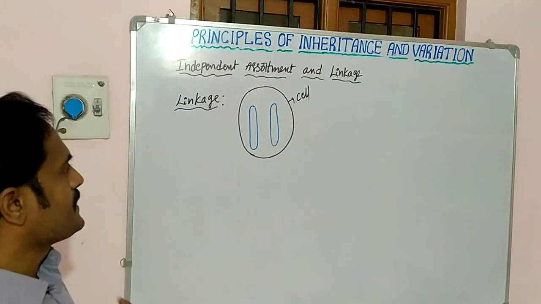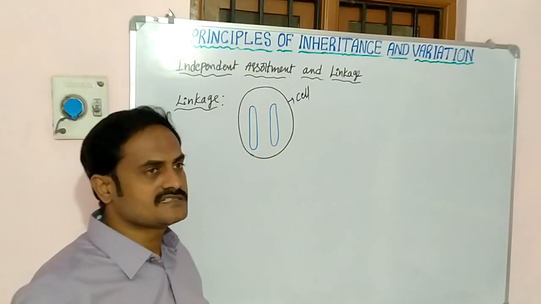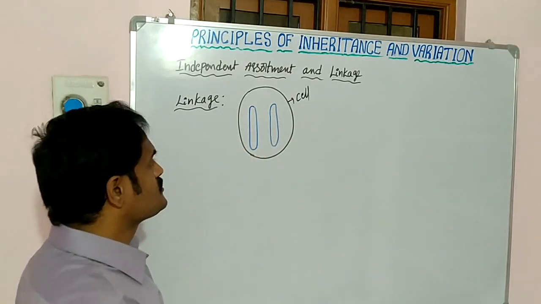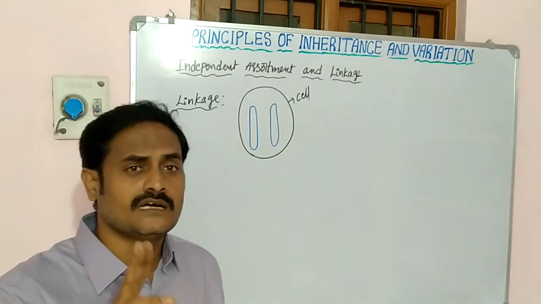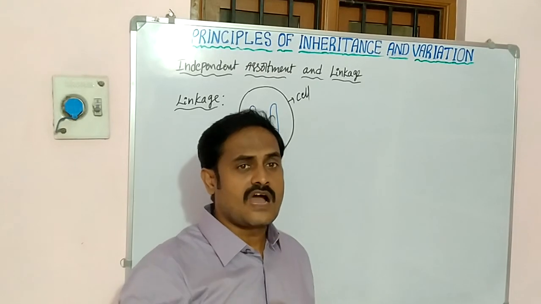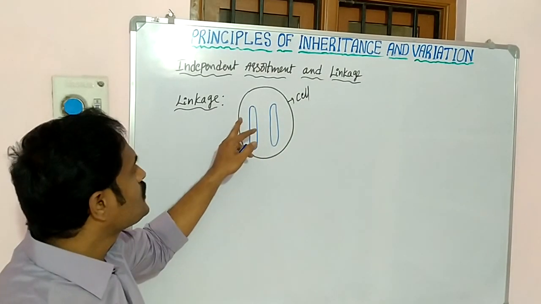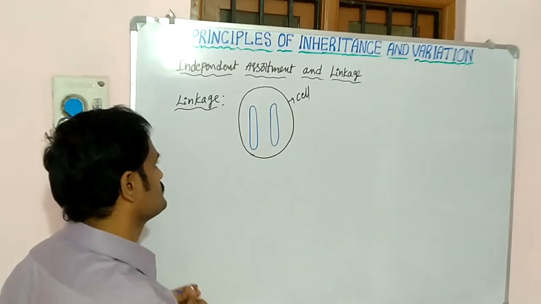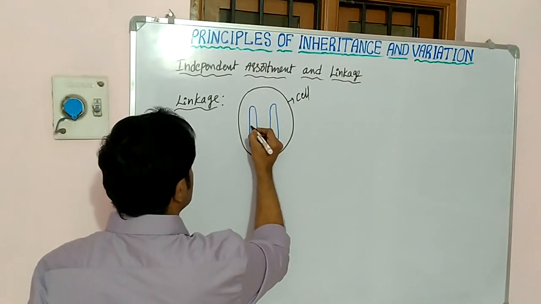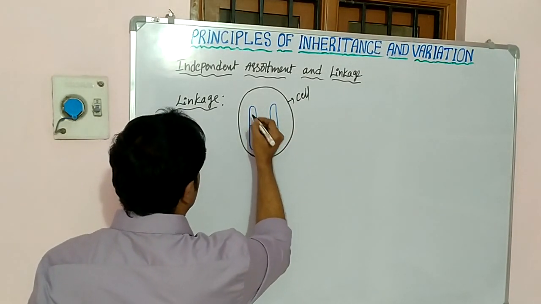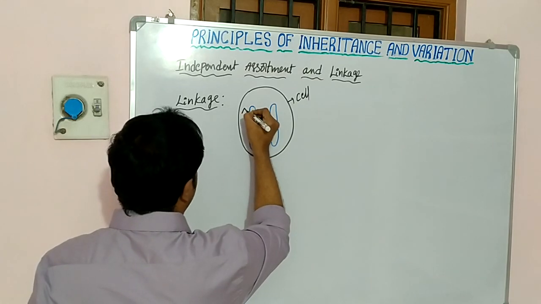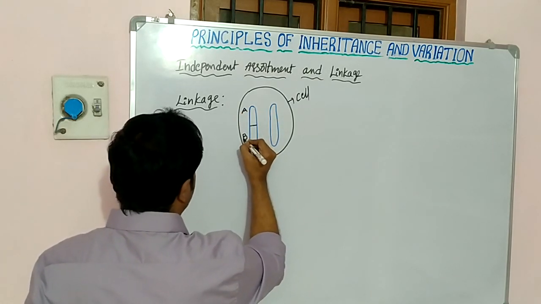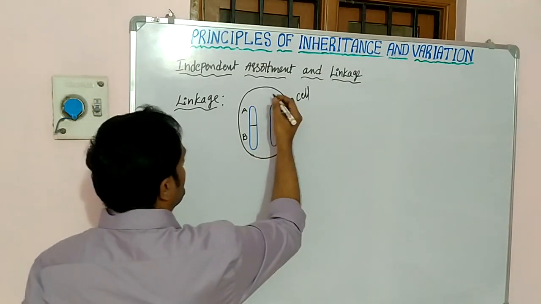Here one specialization is there. What is the specialization? Each chromosome contains two genes, and the two genes are present on the same chromosome. Suppose capital A is one gene and capital B is another gene.